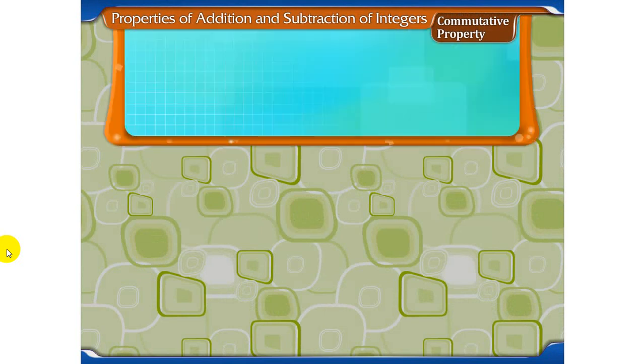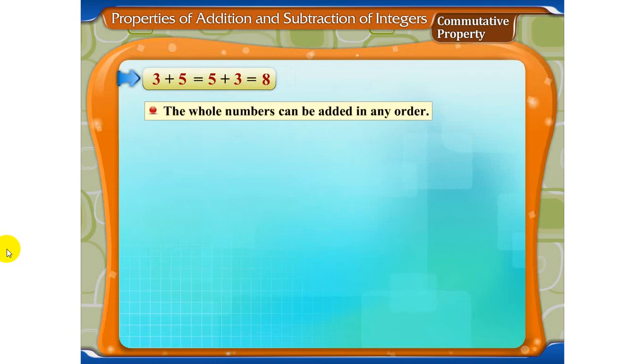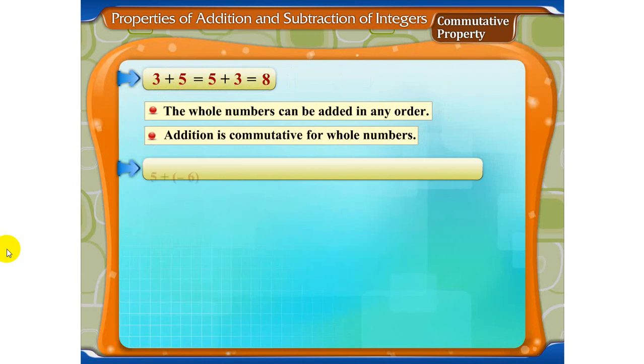Commutative property. We know that 3 plus 5 is equal to 5 plus 3, which is equal to 8. That is, the whole numbers can be added in any order. In other words, addition is commutative for whole numbers. Like 5 plus -6 is equal to -1, and -6 plus 5 is equal to -1.